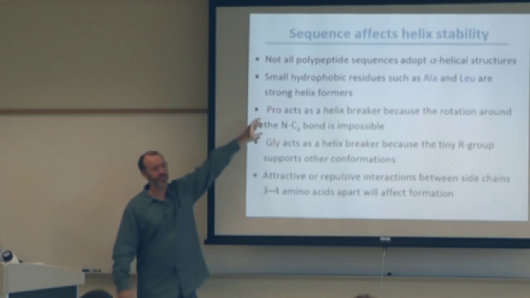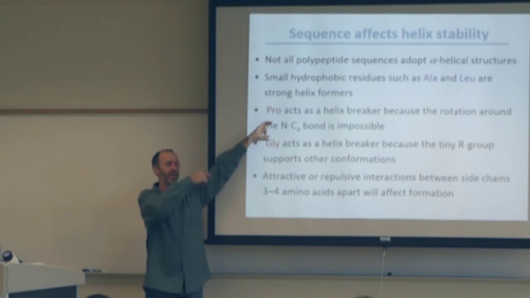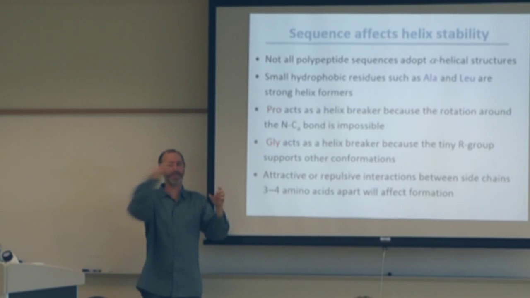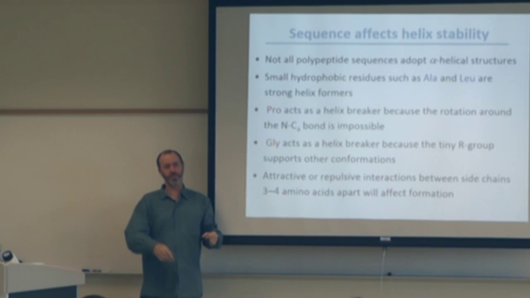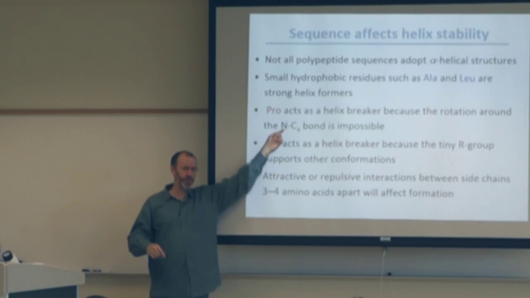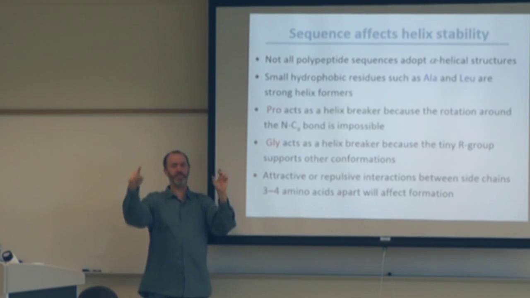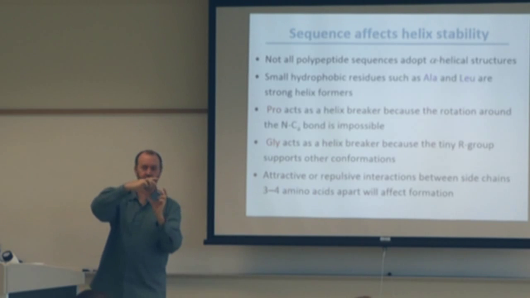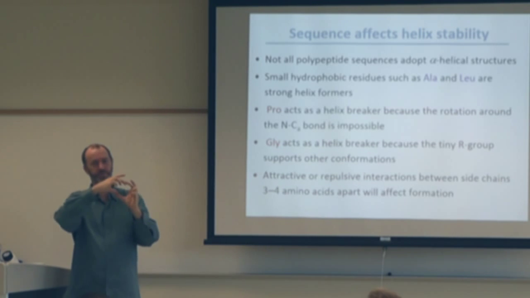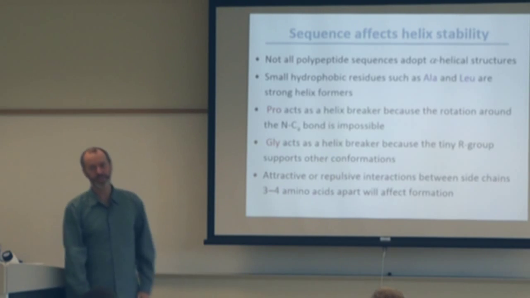So it's only going to have a certain angle, so it breaks. You'll see prolines a lot of times where the alpha helix is going to stop and go to a random coil. Or actually in the lipoproteins, you'll see a proline multiple times where you have a helix, proline, helix, and it kind of bends around your globule of fat that the lipoproteins carry around in the bloodstream.